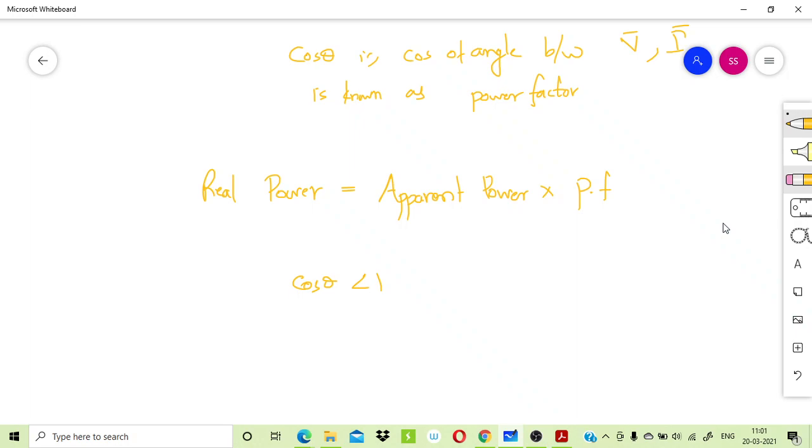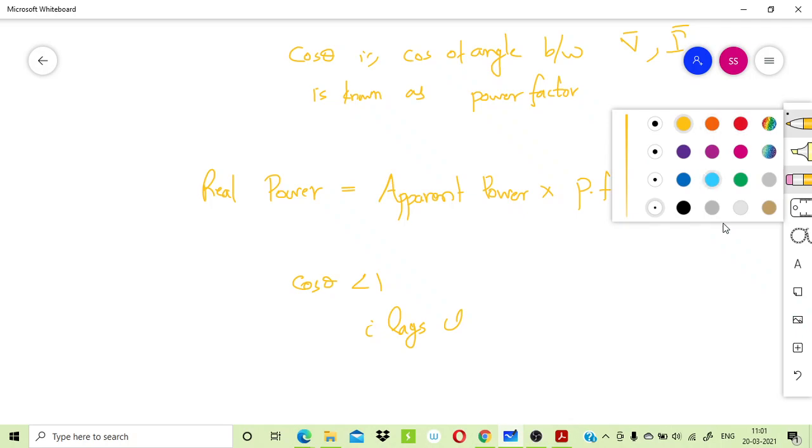Where angle theta is our phase angle, and if the current I lags the voltage V, as is usually the case, then the power factor is called the lagging power factor.